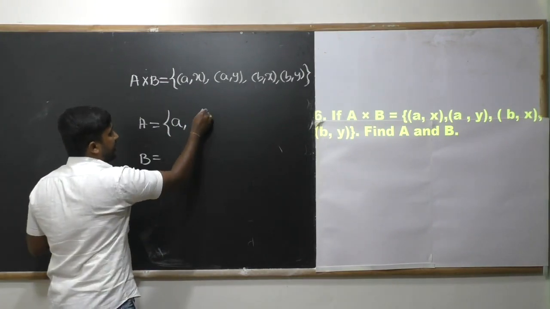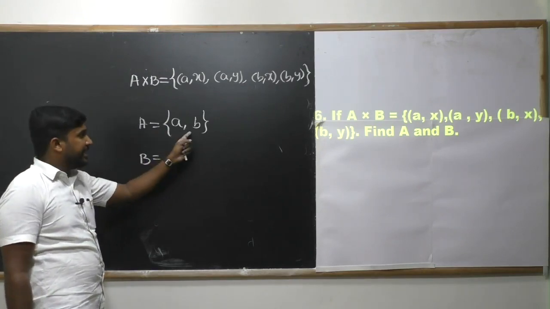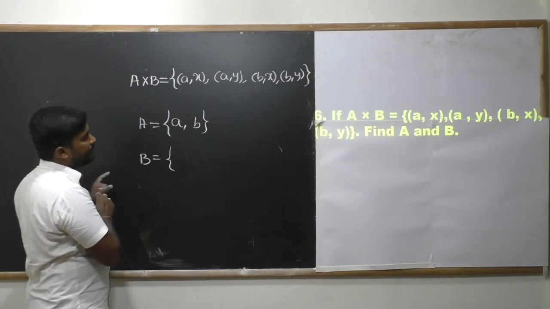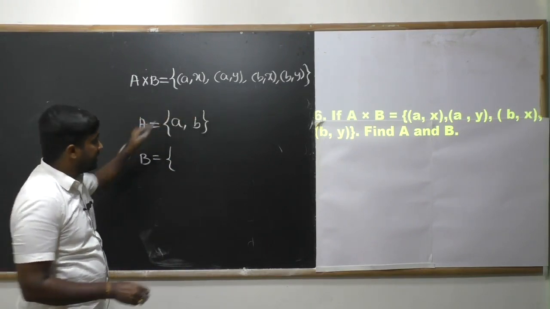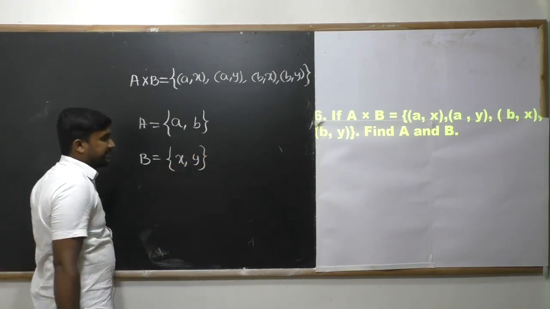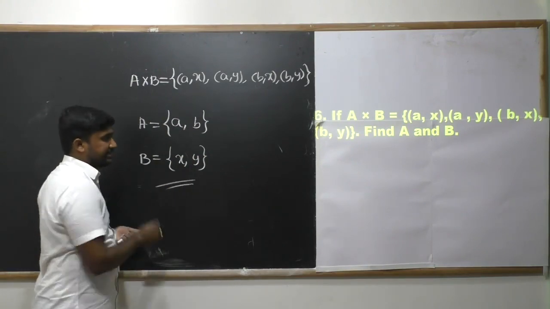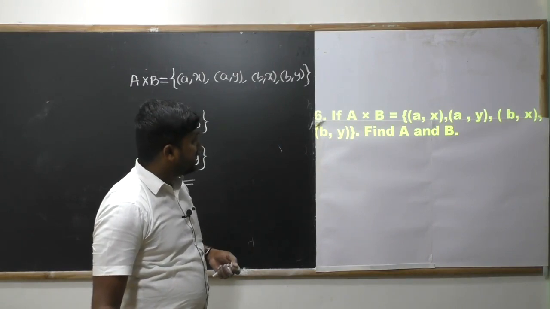So the next element is b. So the elements of set A are a, b. Next, what are the elements of set B? Please observe the second elements of the ordered pairs. So B contains 2 elements, that is x, y. So this is the final answer. Take the next question, problem number 7.